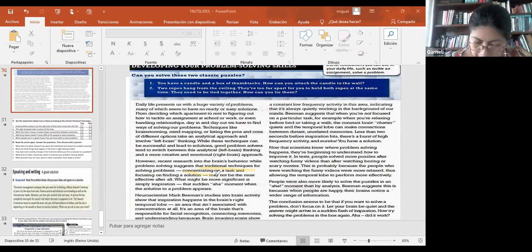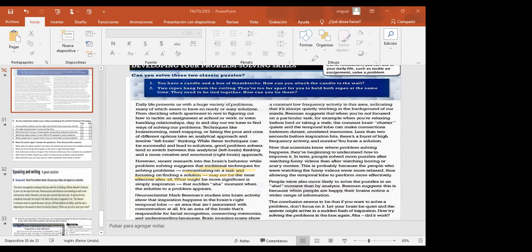The most significant is simply inspiration, that sudden aha moment when the solution to problems appears. It's to ignore the problem and think about it later when you are relaxed. Yes, excellent. That is number one.